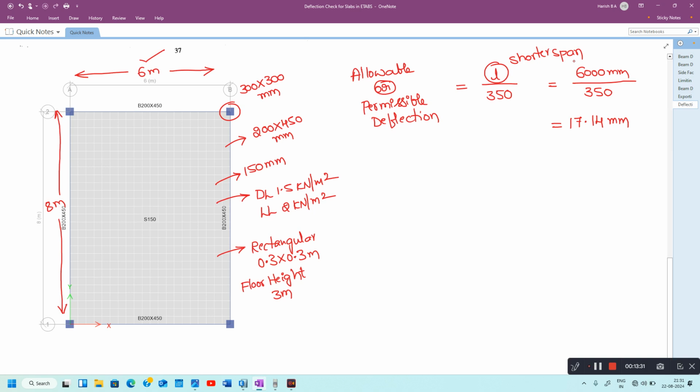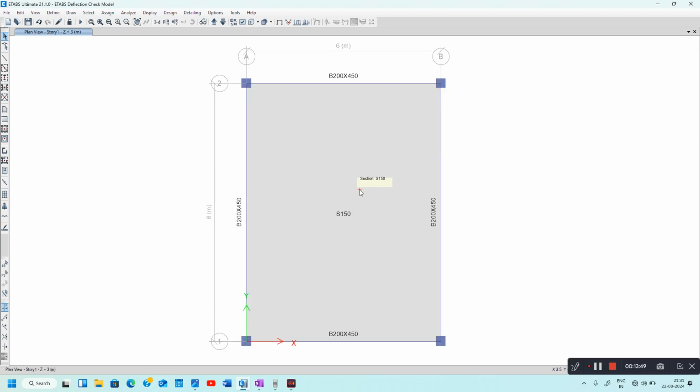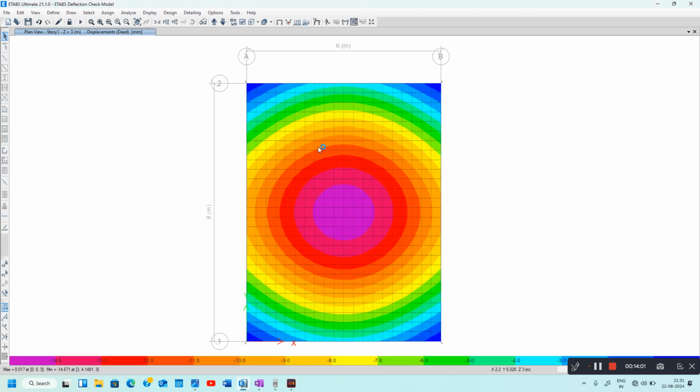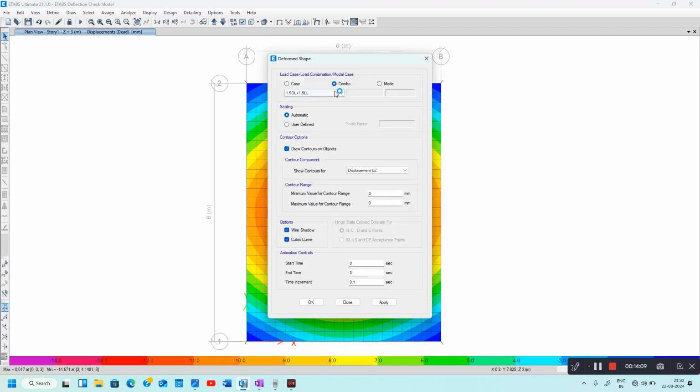Next, whatever the deflection from ETABS, let me check it. I made the same model as I said earlier. Just I will run the analysis. Go to Display, Deformed Shape. Here for combination, you should select dead load plus live load.